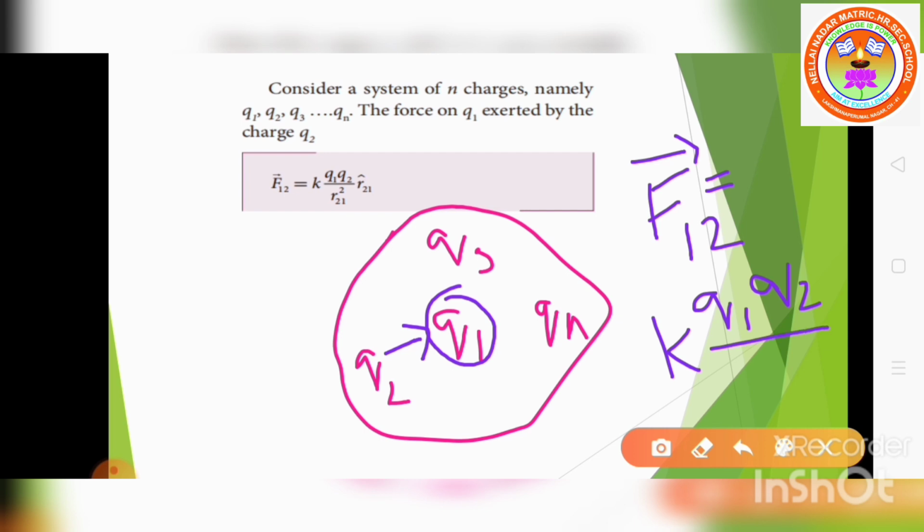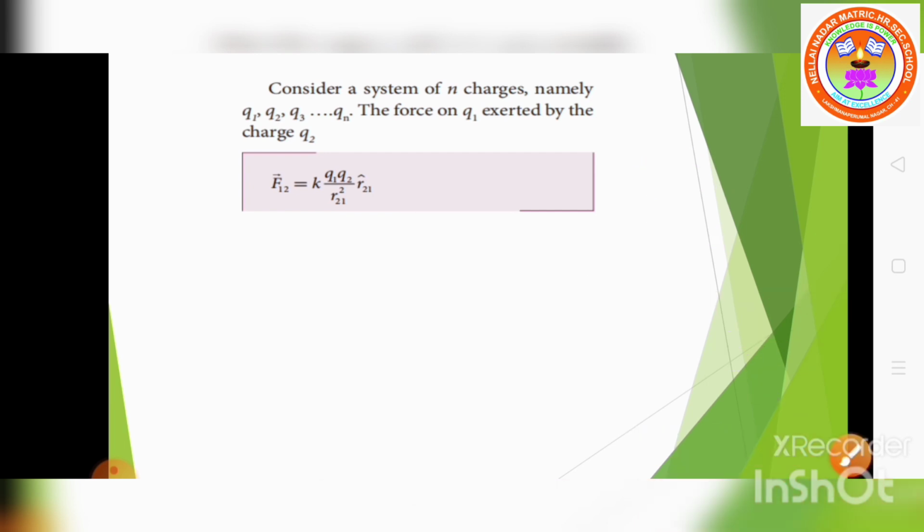The direction is from 2 to 1. So I can write R21 square into R21 cap. Understand, children? Like this we calculate the formula for the first.